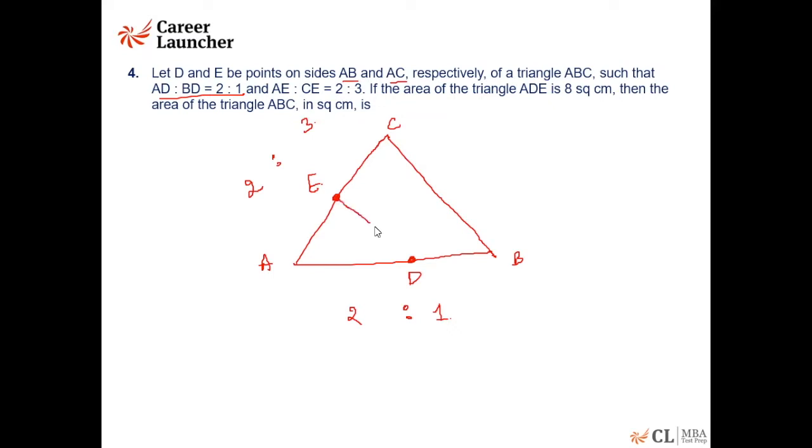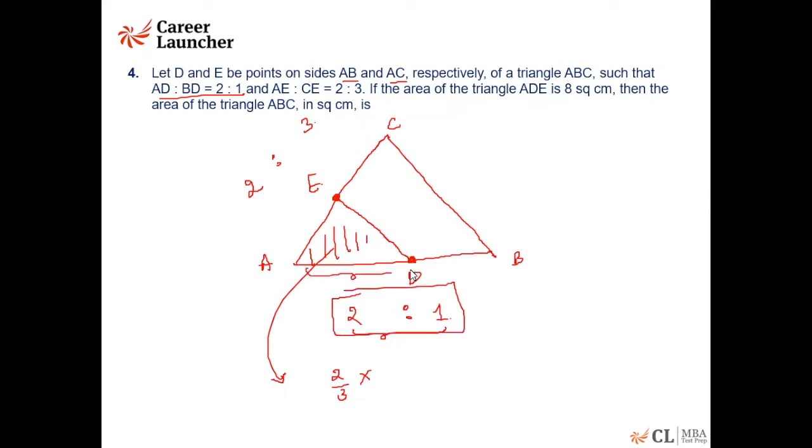Now, if we want to find out the area of this shaded region, we know that it will be 2/3, right? That 2/3 is coming from here, because this base is going to be 2/3 of the base of triangle ABC, and this height out here would be 2/5 of the height.